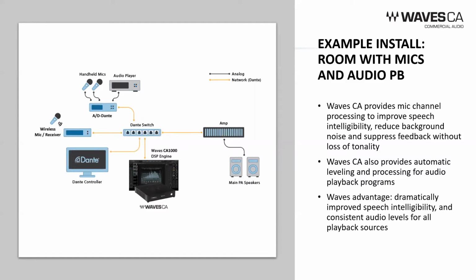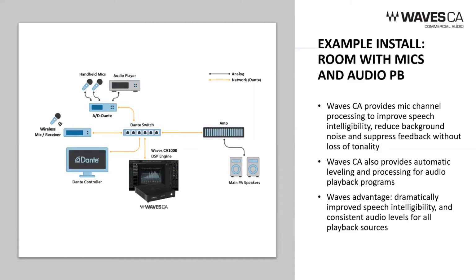And then these components may have a separate system controller. The Dante controller may be another element in the network, setting up the routing for the network between the Dante devices.